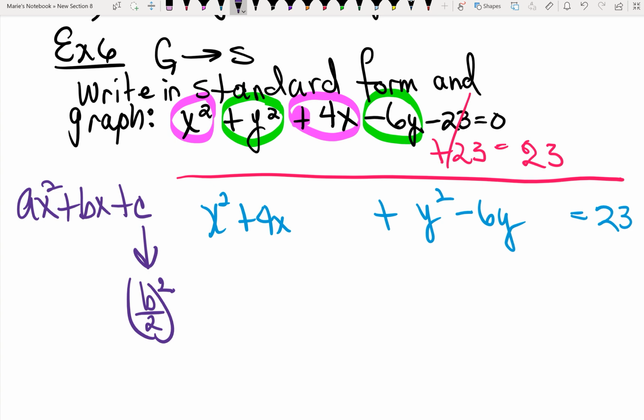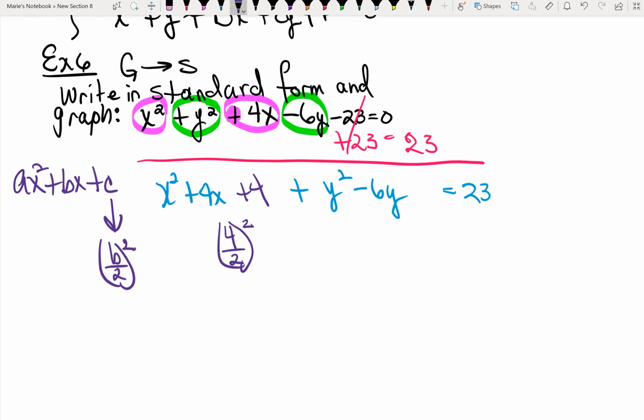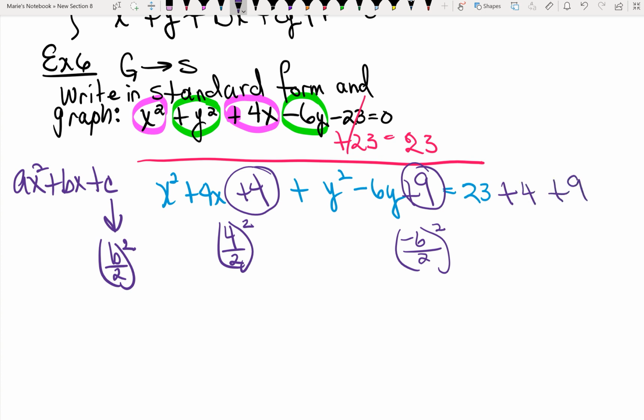So if I take this term, the 4, divided by 2, which is 2, and square it, I get plus 4. I come over here for the y. If I take the negative 6 and divide it by 2 and square it, negative 6 divided by 2 is negative 3. Negative 3 squared is plus 9. But I also want you to notice that because I added these two values here, I have to bring them over and say plus 4 plus 9 on the right-hand side of the equation.